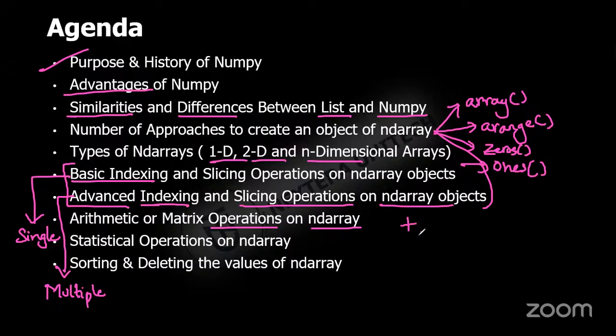Arithmetic operators are addition, subtraction, multiplication, division, floor division, modulo and power or exponent. All these are arithmetic operators that we have learned under the operators topic. So these arithmetic operations we are going to perform on ND array objects.